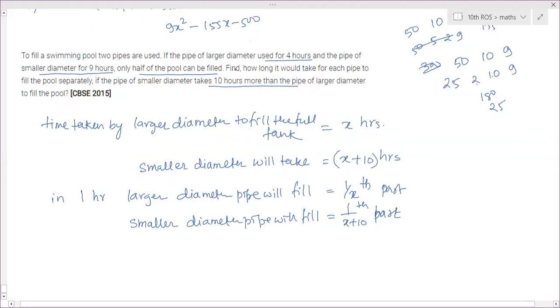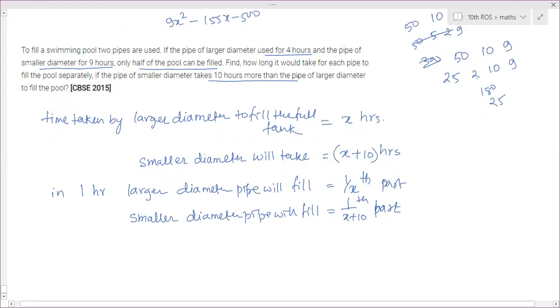Now, larger diameter pipe is used for how many hours? 4 hours.